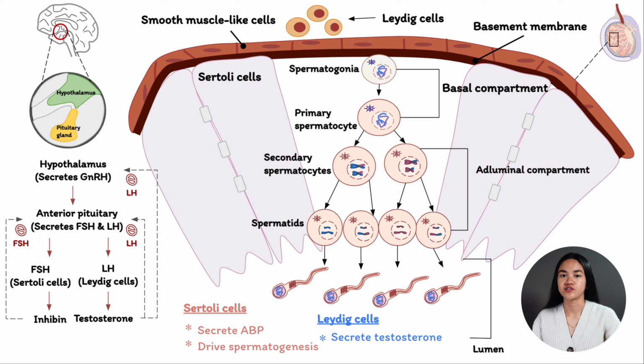The first stage is proliferation and differentiation of spermatogonia by mitosis, the second is meiosis, and the third is spermiogenesis. We also learned the hormonal control of male reproductive function and how the hypothalamus secretes GnRH and the anterior pituitary gland releases LH and FSH. LH acts primarily on Leydig cells and FSH acts primarily on Sertoli cells.